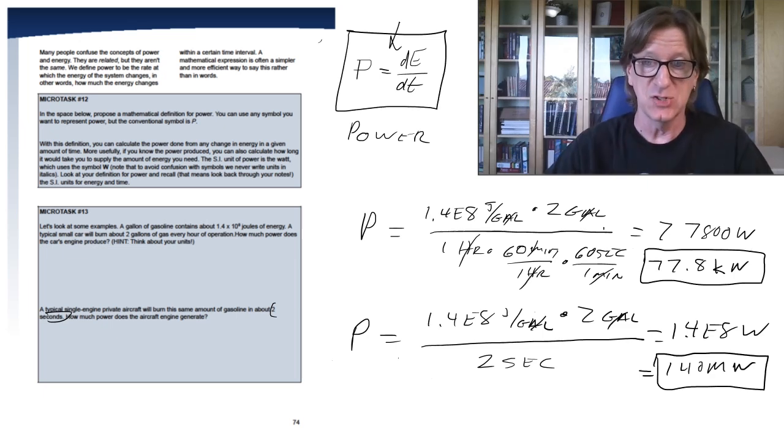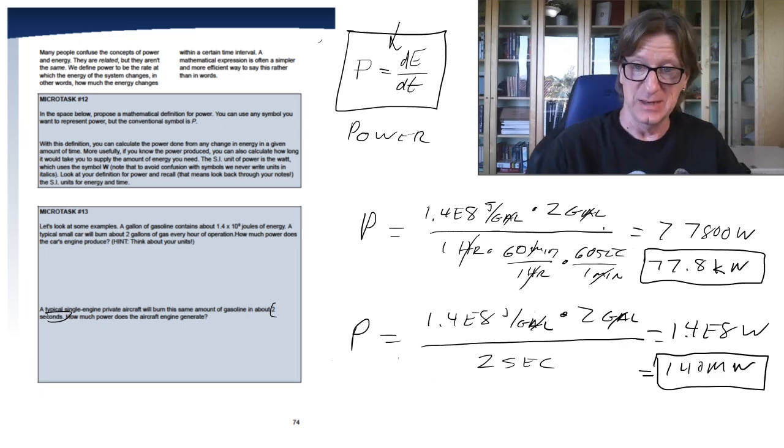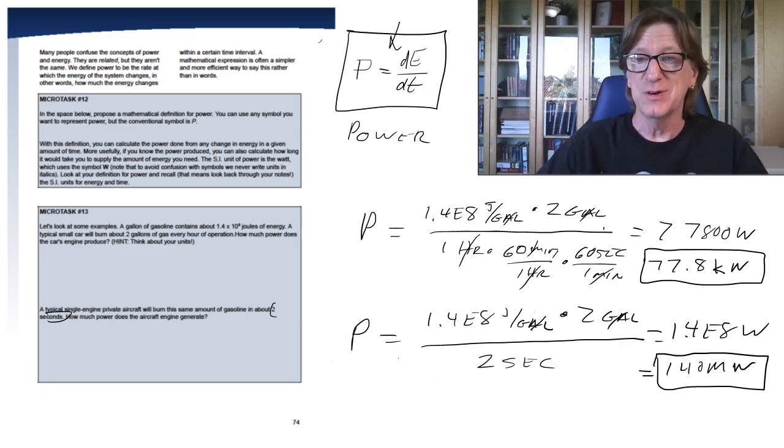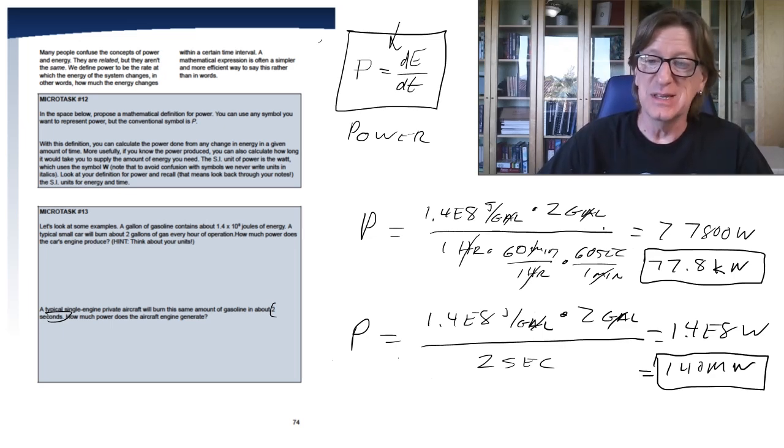The aircraft does it in 2 seconds, whereas the car does it in 2 hours. But the total energy used is still going to be that 2.8 times 10 to the 8th, 2 times 1.4 times 10 to the 8th joules. However, you don't get it for very long with the aircraft. So that means that my total power usage is going to be a whole lot higher.